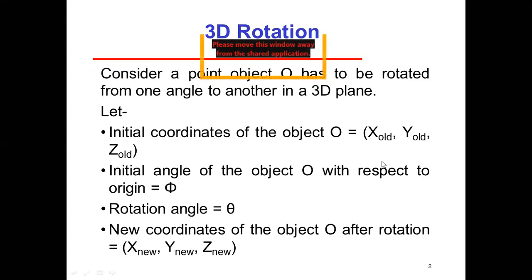We can also call these old as the initial coordinates. So these are called the initial coordinates of the object. And x new, comma y new, comma z new, these are the final coordinates or the new coordinates.